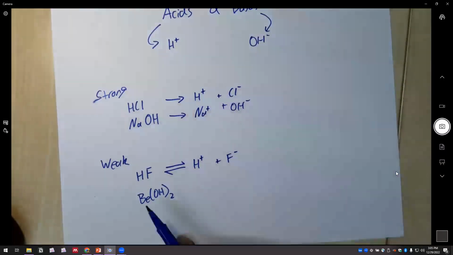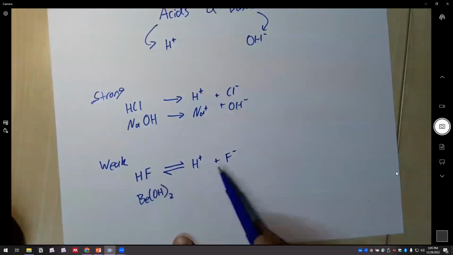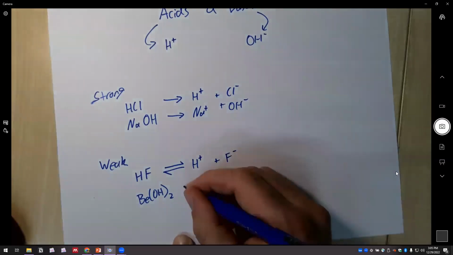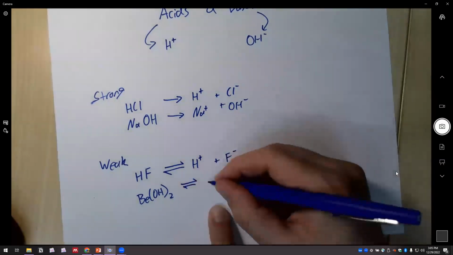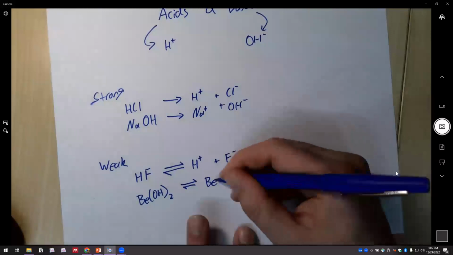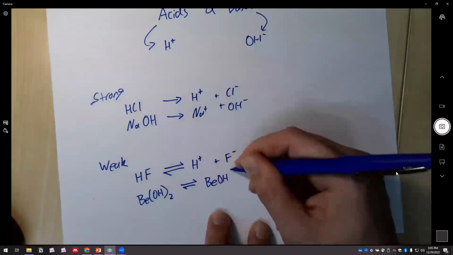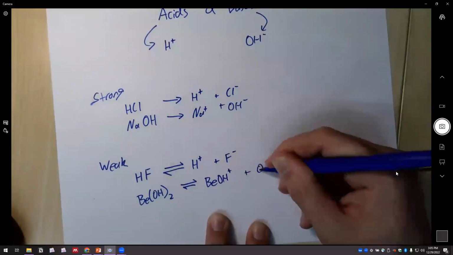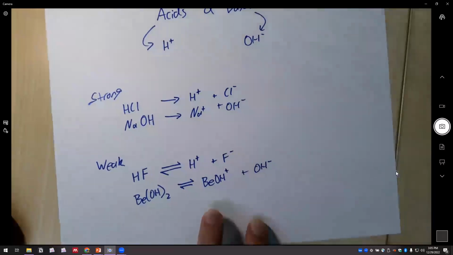And so you have some HF left in solution, and some HF that is dissociated into H plus and F minus. Similar story here with beryllium hydroxide. You get some OH minus.